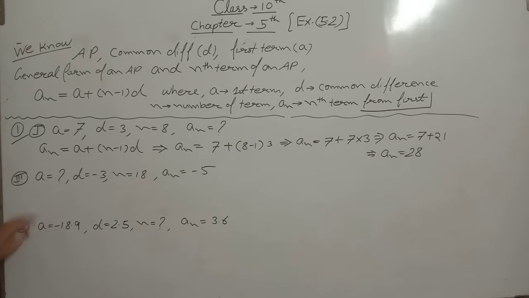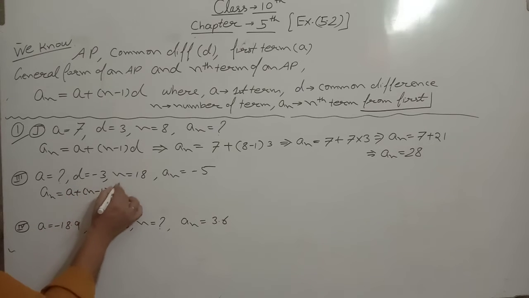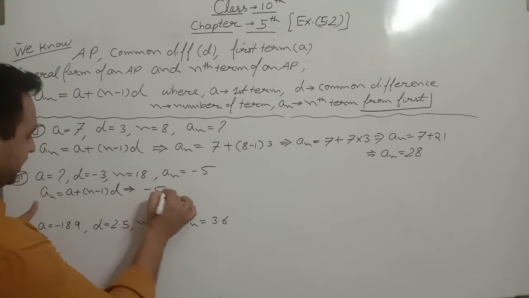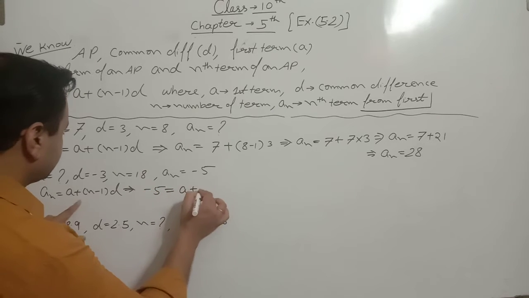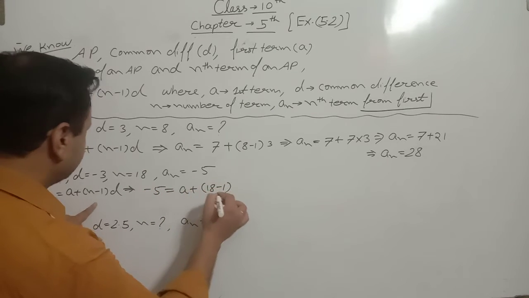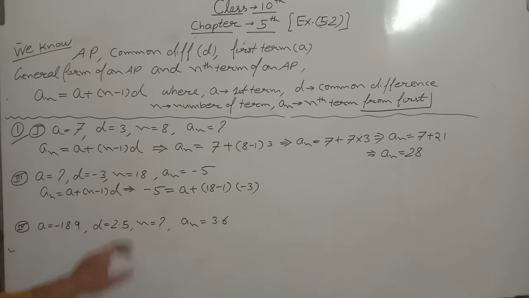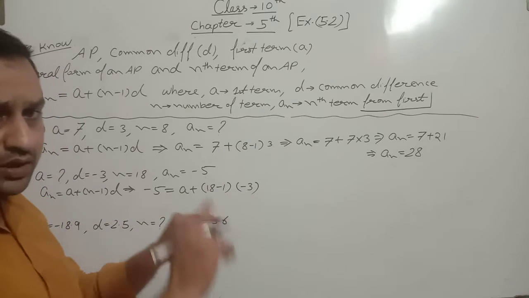Now third part, we have to find out a. The value of an is given, then apply the formula of an. An equal to a plus n minus 1 into d, minus 5 is equal to a plus 18 minus 1 into minus 3. Please remember, if the value of d is negative, then write the value in a bracket.